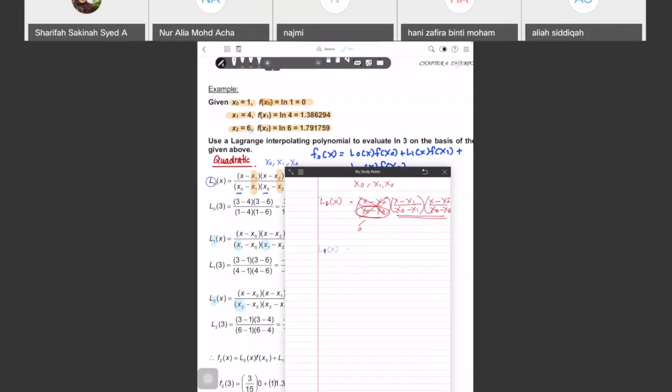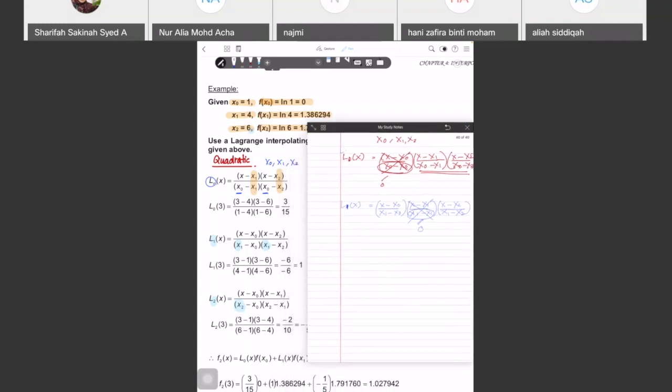L1(x) will have here x minus x0, then x minus x1, x minus x2, x1 minus... Because the statements can come close, we cancel. So we just have two statements. You can see it's the same as this part.